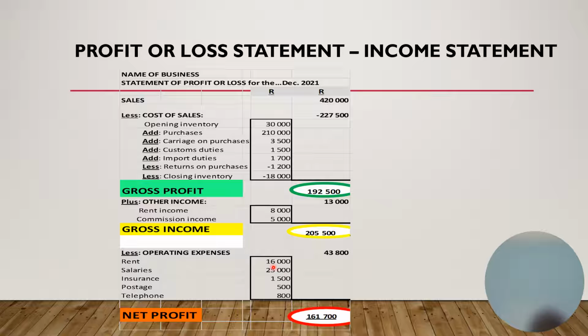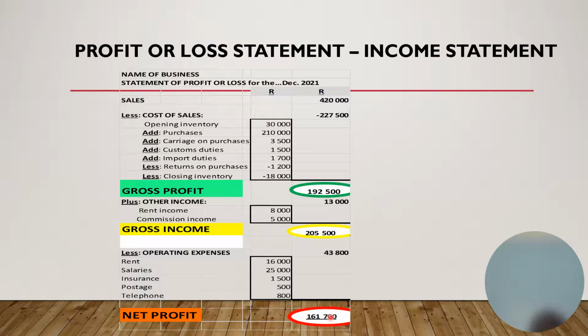When you add these operating expenses, they give you the total of the operating expenses, which is 43,800, and then you minus it from your gross income. It gives you your net profit.